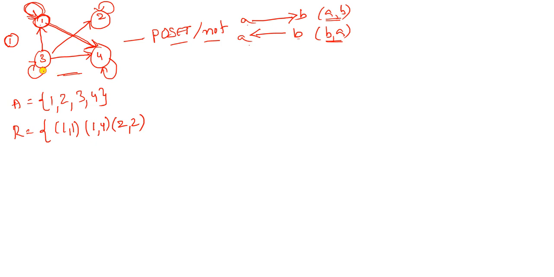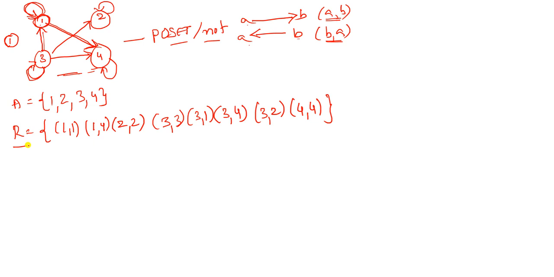The 3 loop is there, that means (3,3). Outgoing there are arrows to 1, 4, and 2, so (3,1), (3,4), and (3,2). So the relation is (3,1), (3,2), (3,4), (1,4), (1,1), (2,2), (3,3), and finally the loop for 4, so (4,4). This is the relation of elements we have.